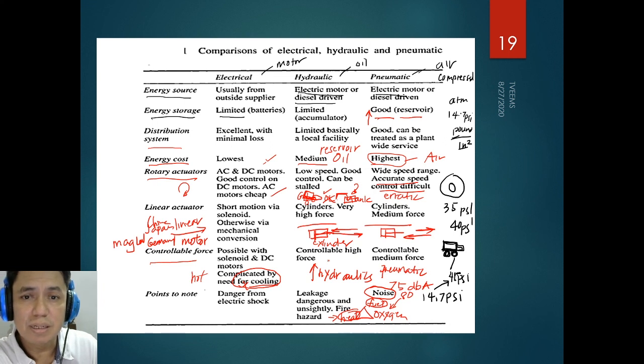Because what hydraulic and pneumatic do is more of a linear or translational motion: forward straight, backward straight. So basically only two, forward and backward, but there are systems that can stop at any given position in between. So there's a neutral position, but we are going to take that up in the next video.